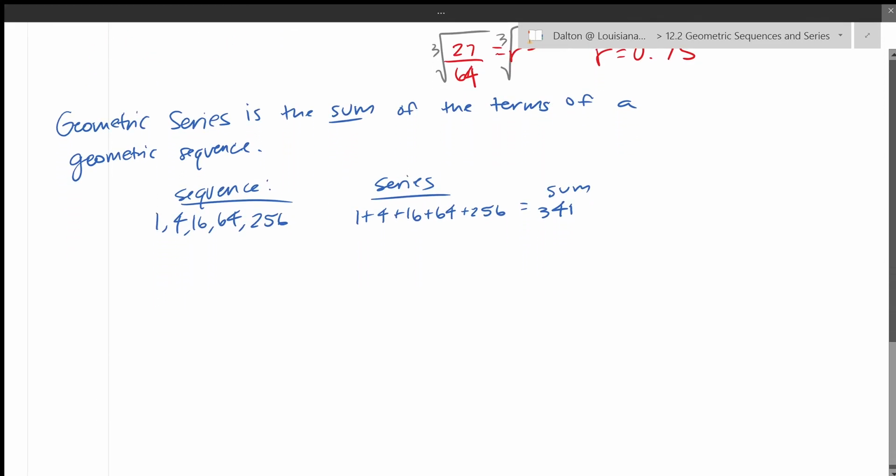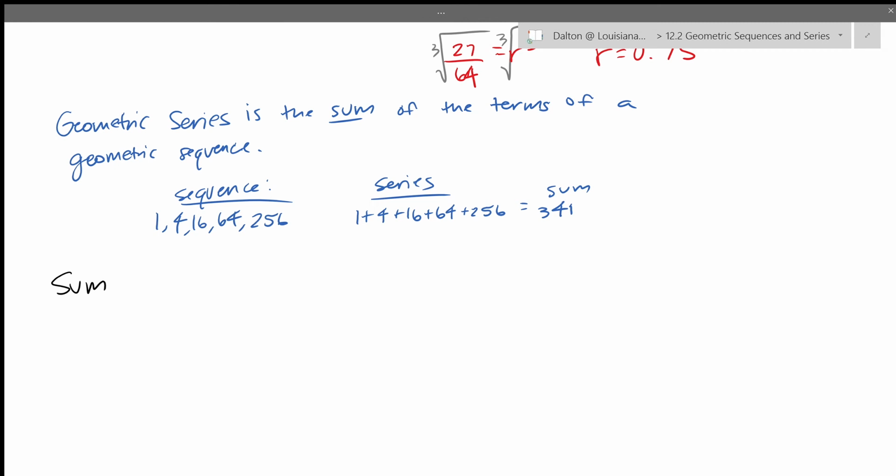So similar to finding the nth term of a sequence, if I ask you for a crazy amount, like add the first 50 terms of this series, we have a formula to do that without stressing out too much. And it's given by this.